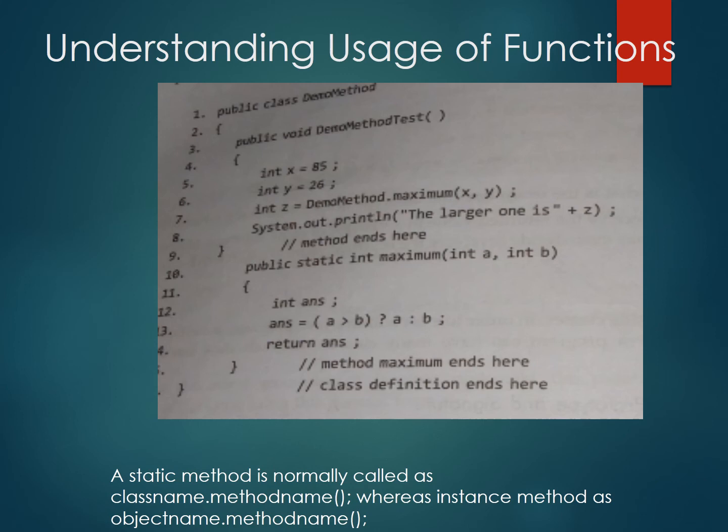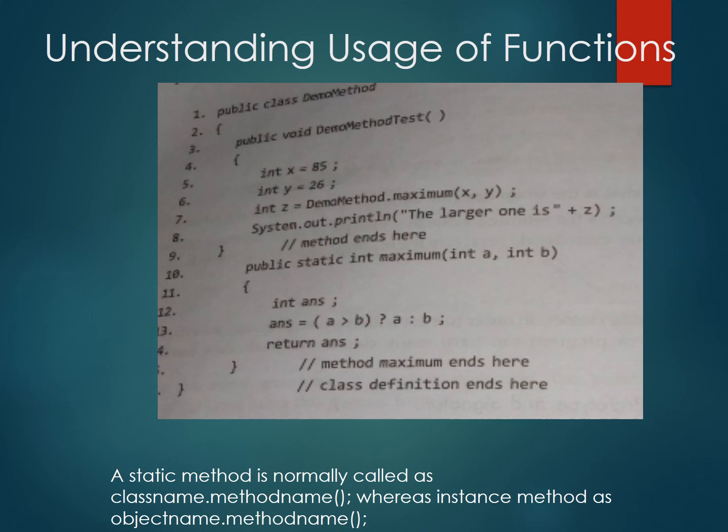Like in this example, demoMethodTest is making a call to the maximum method. Here a and b are part of the maximum method's header, so a and b are the formal parameters.